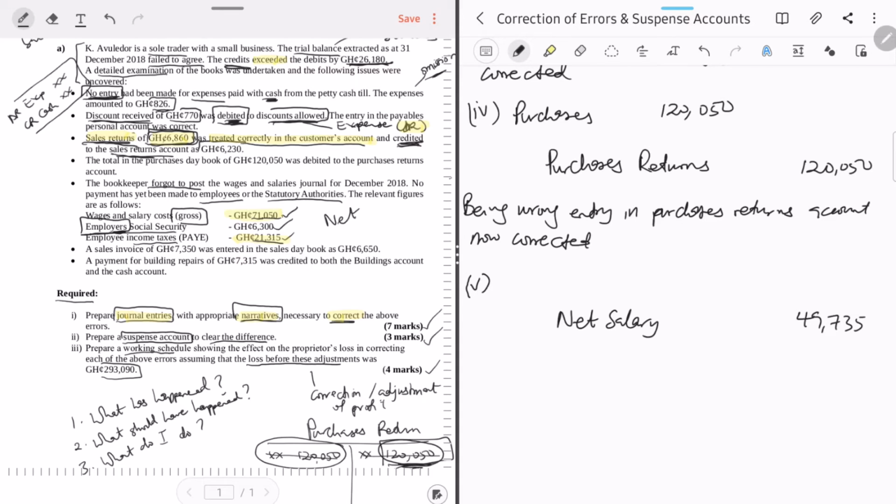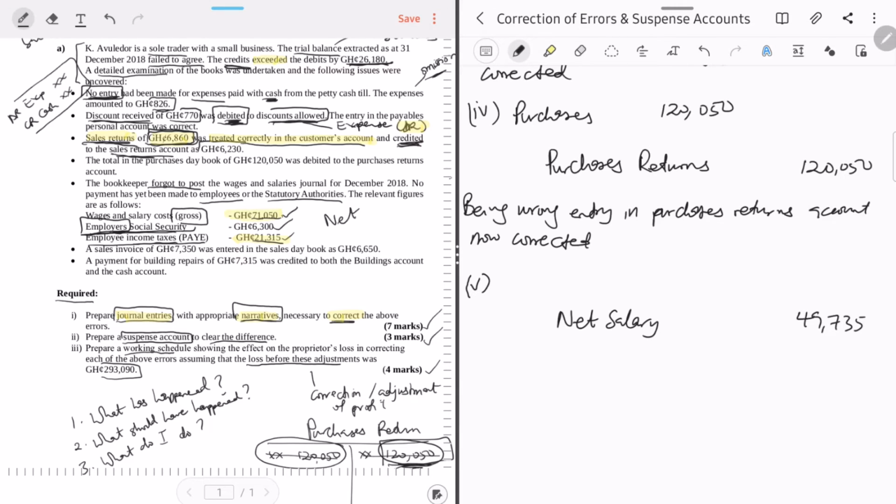Now that I have this net salary figure, what do I need to do next? The next payment I'll be making is the payments with respect to taxes. Don't forget that once I've paid the net salary to the employee, I also need to meet my statutory obligation. So I need to pay two things, which is my social security and my taxes.